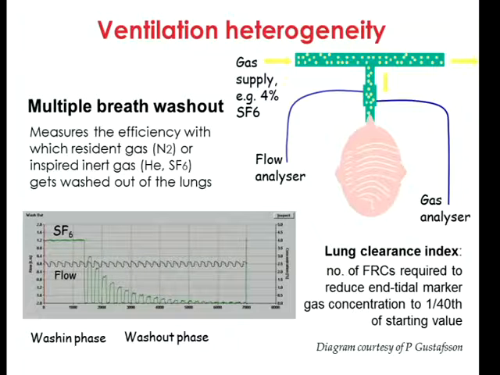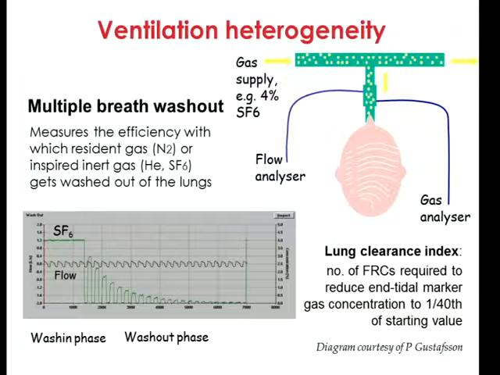Hi. I find this one quite interesting, but I don't get what the purpose of the washout of the lung is. Well, in disease, people are less able to expel a foreign gas from the lungs because their ventilation is impaired.